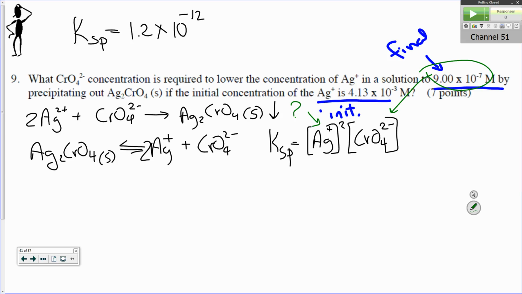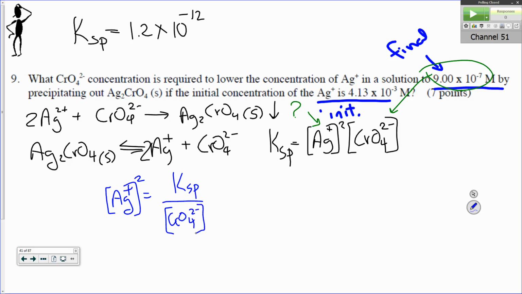So it simply becomes a rearrangement and a plugging in of equations. So let's do that. The concentration of silver that's going to be required, I'm just going to solve it with the square first, is equal to Ksp divided by the concentration of chromate. I'm isolating the silver.